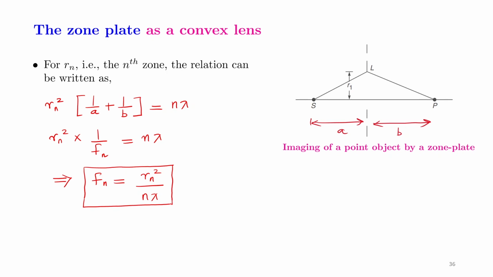Thus, we conclude that a zone plate is similar to a convex or converging lens. A formula connecting the distance of the object and image points can be obtained for a zone plate also.